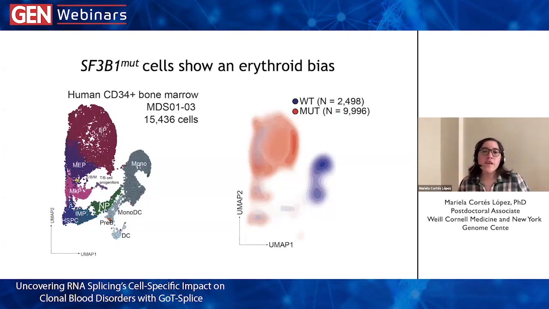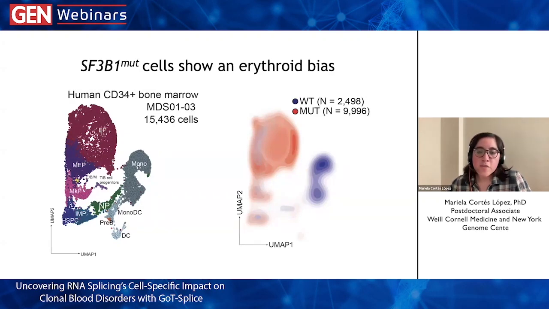From these 3 initial patients, we were able to recover the expected cell types that we often observe in hematopoietic progenitors in these blood samples.